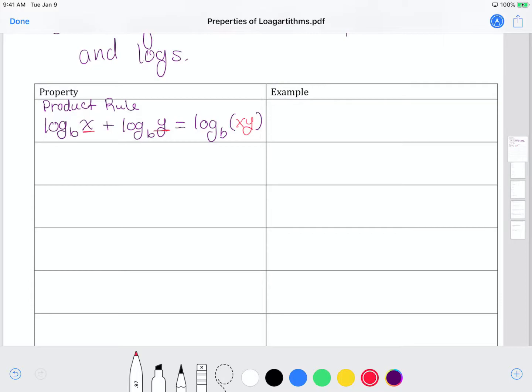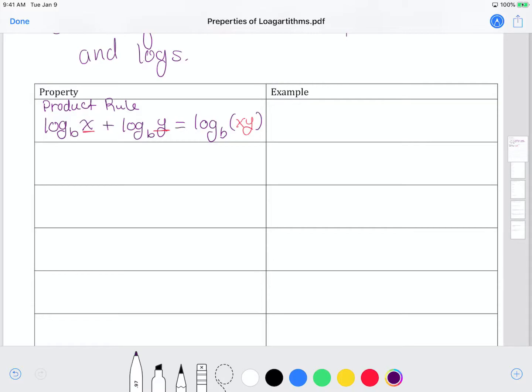Now, because this is addition and multiplication, the order doesn't matter. I could write it as log base b of y times x, so that's okay. So just keep that in mind when we get into the other rules. Sometimes the order does matter.